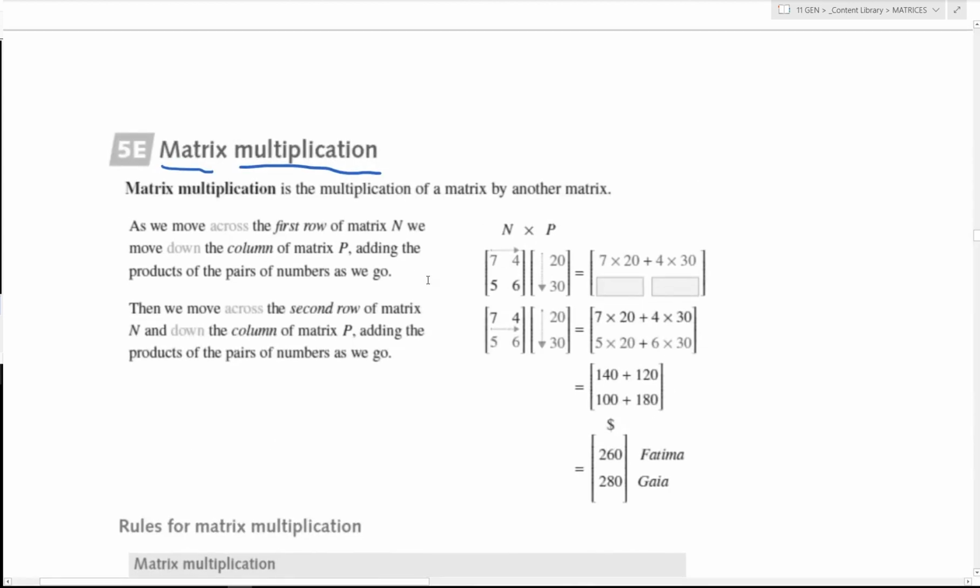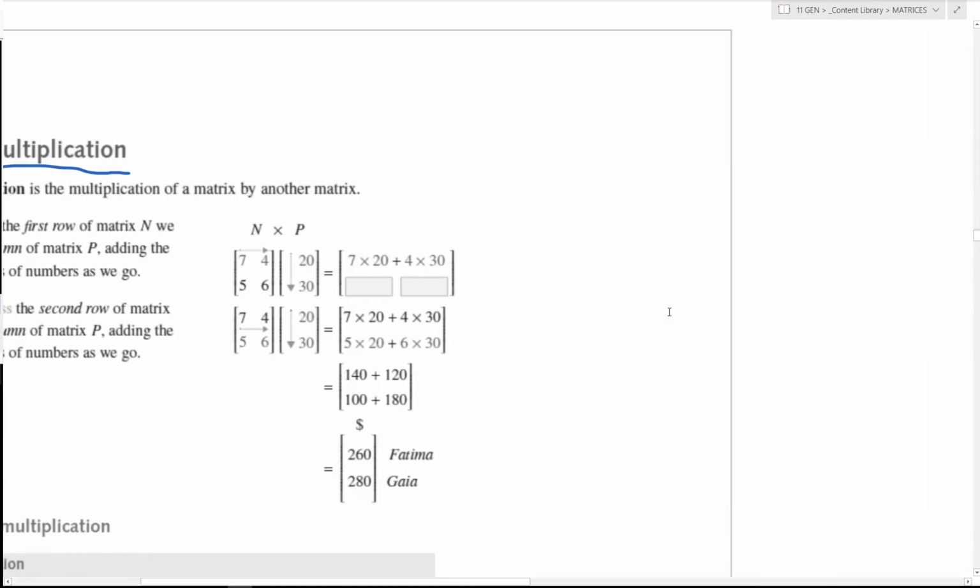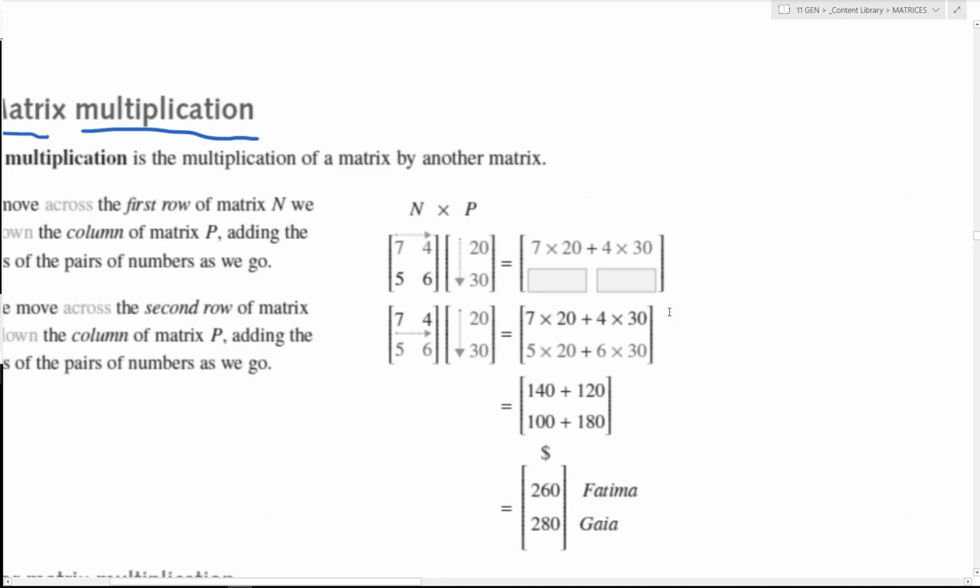The way you multiply it, as it states here, is that the row of the first matrix must be multiplied with the column of the second matrix, and that process gets repeated, because each row in the first matrix must be multiplied with each column of the next matrix. Let's use this as an example and see how it works.